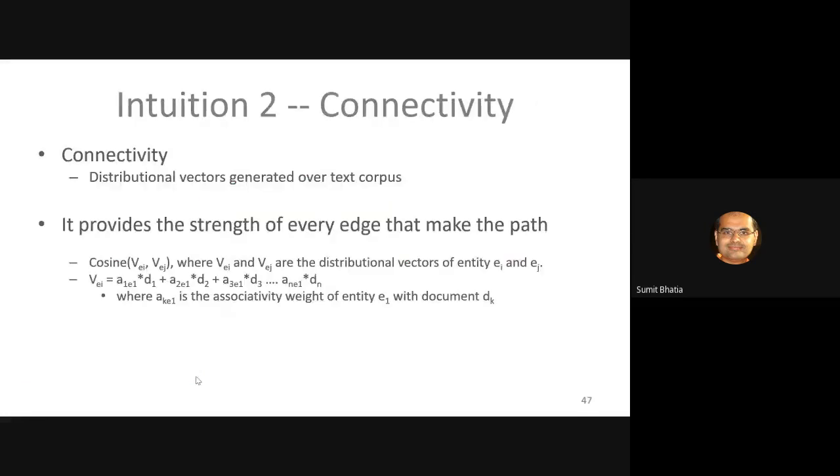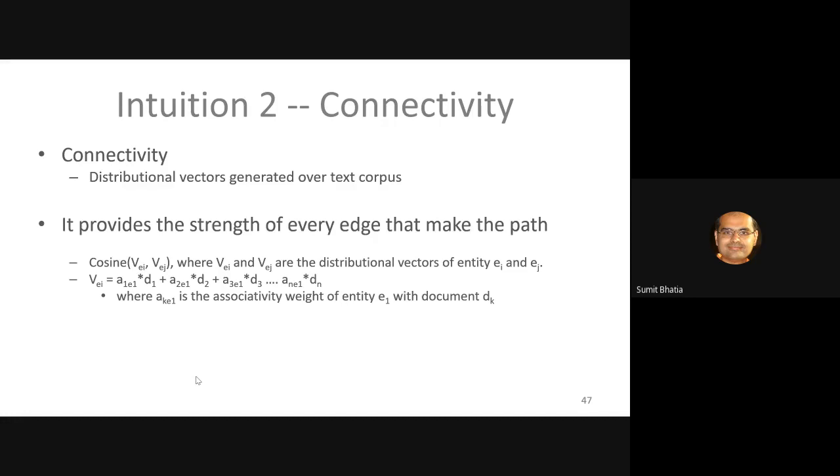So how do we capture that? For that, we use connectivity. What is connectivity? We use distributional vectors. Think of it as something like, just like you have word2vec or GloVe vectors for word embeddings, think of similar vectors for the knowledge graph. So you could use standard vectors like, let's say, node2vec or DeepWalk, or other knowledge graph embeddings.